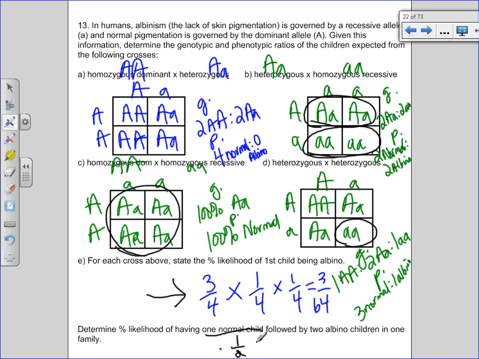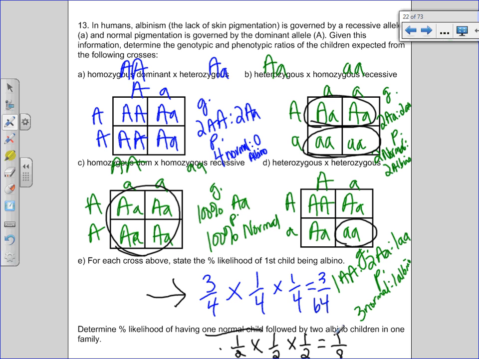followed by 2 albino children. So in order for it to be all 3 of these things, we go half for normal, times the probability of the next one being albino, which is half, times the probability of the next one being albino, which is half. So you'd have 1 by 1 by 1, 1 on the top, 2 by 2 by 2, 8.